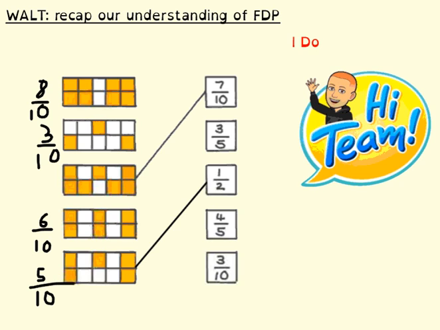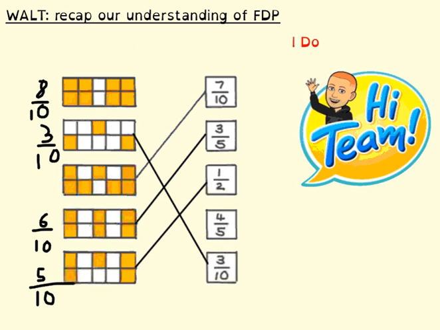Well, I know if I divide the numerator and the denominator of this fraction by 2, it will give me 3/5. And I've got a 3/5 there, so I can label it like so. The simplest one here, which I probably should have labelled first, is the 3/10, because I've got a 3/10 here. So to match up fractions of shapes with actual fractions, write the fractions out, and then see if you can use your equivalent fraction knowledge to help you.